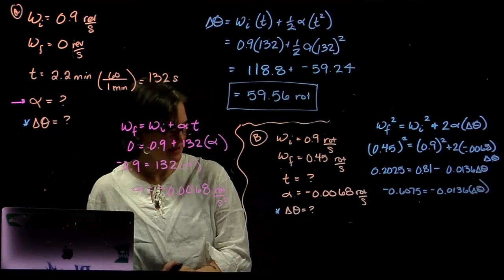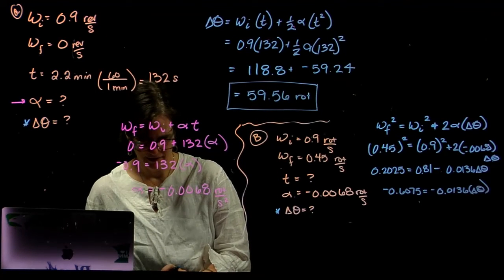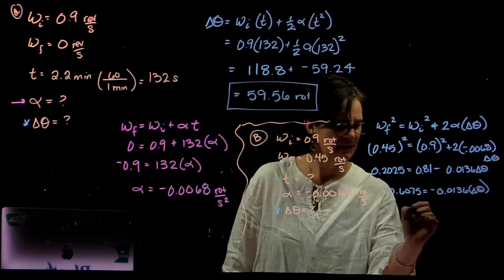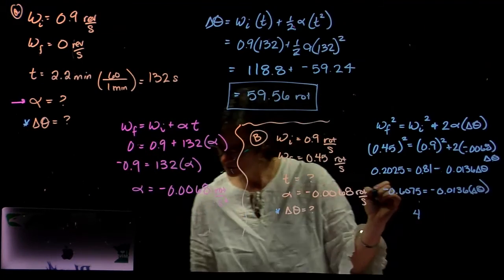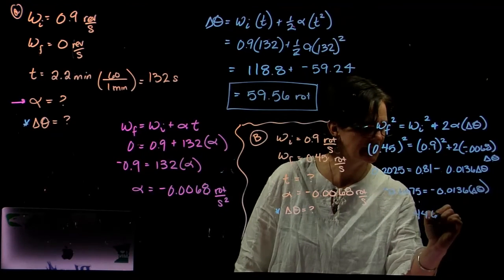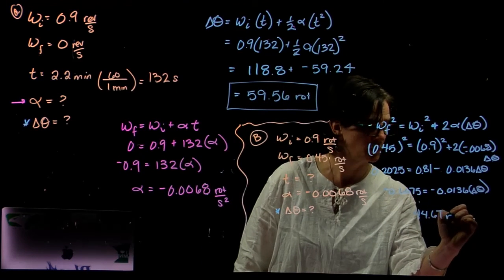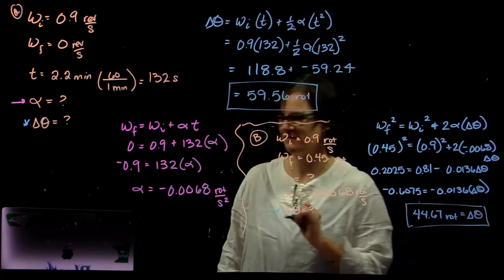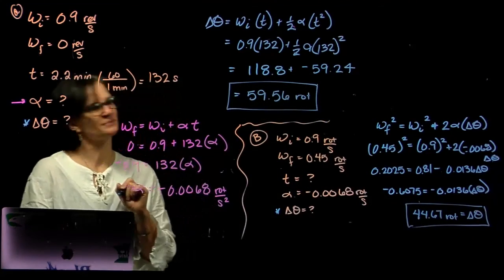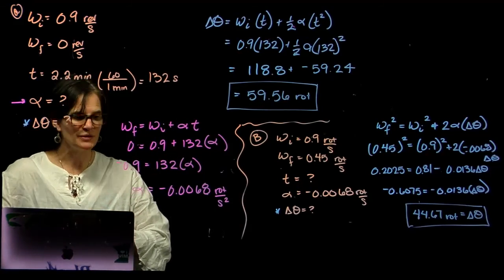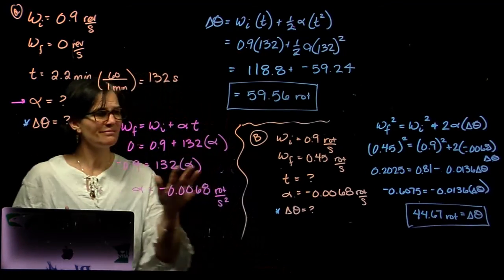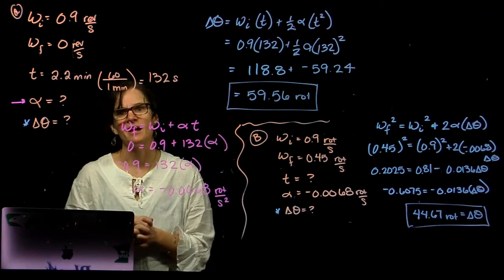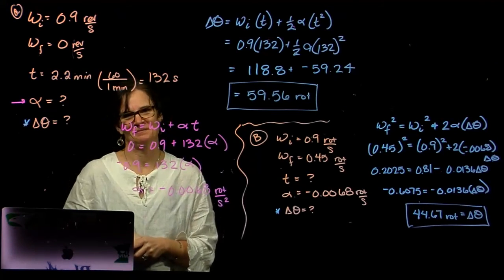I then divide by negative 0.0136, and we get 44.67 rotations equal to delta theta. It's almost 45 rotations. So using our kinematics, like we've been doing with translational motion, we can simply translate to rotational motion. Good job.